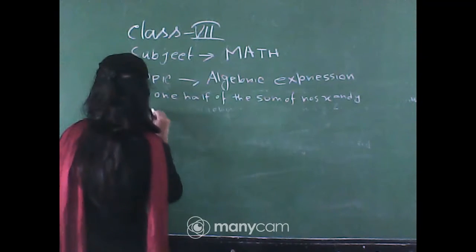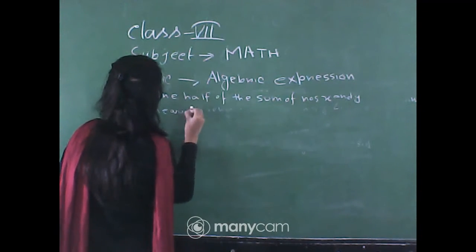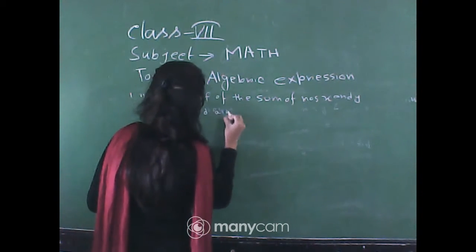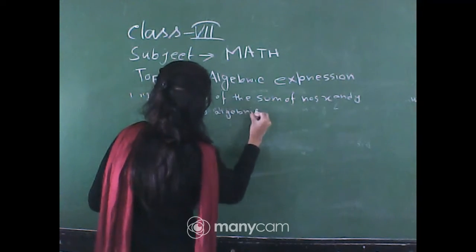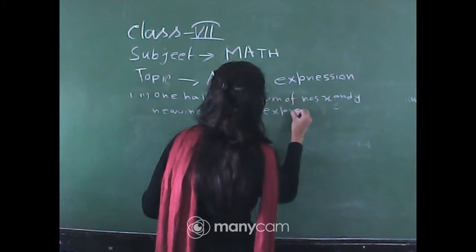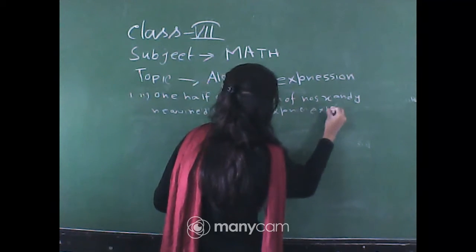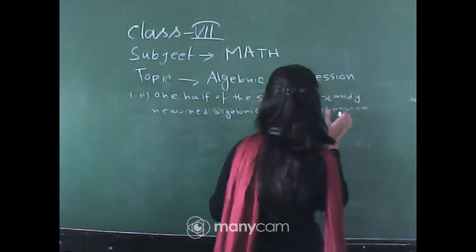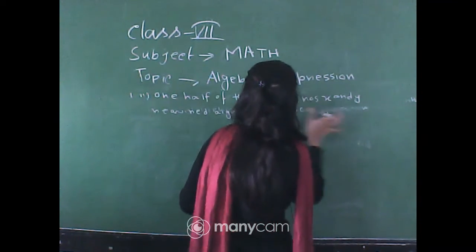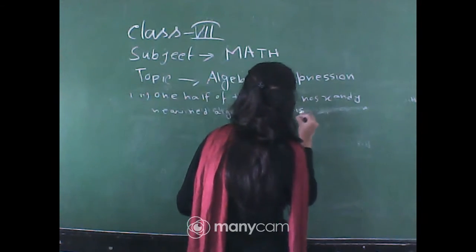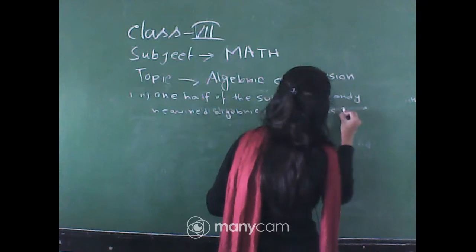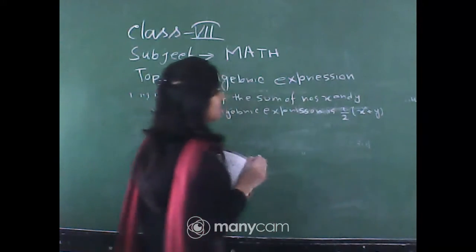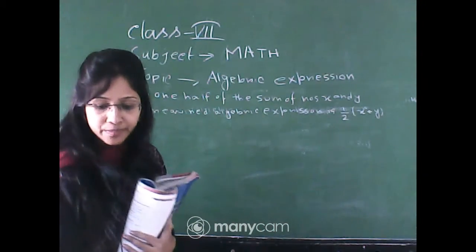The required algebraic expression is: first we will add x and y, then we multiply this with half, isn't it?